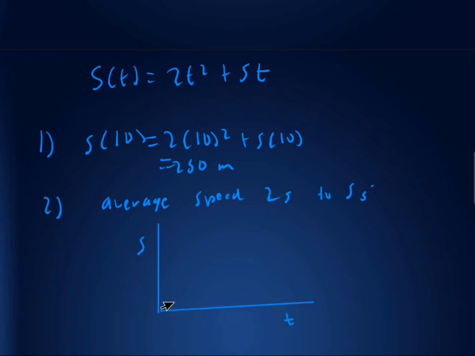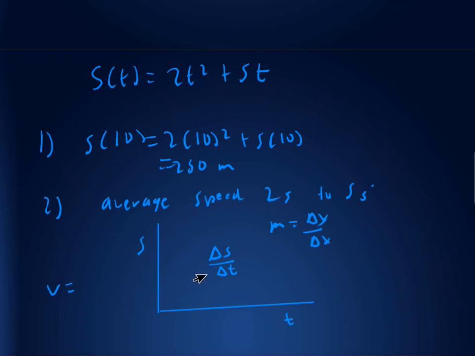Now I want you to notice something. Gradient is change in y over change in x, right? Here, change in y will be change in position over change in time. Now, velocity is also equal to change in position over change in time.